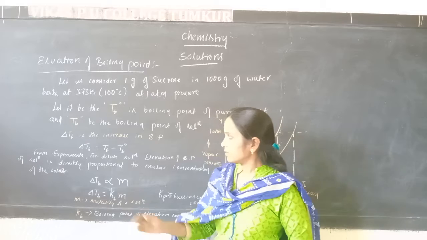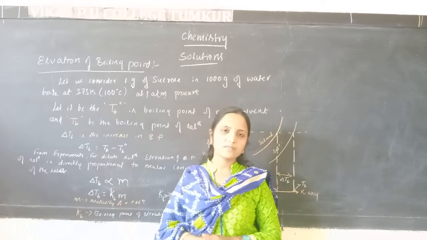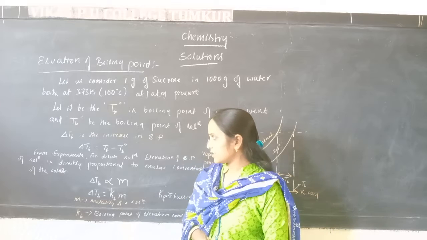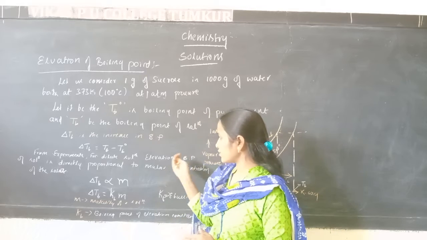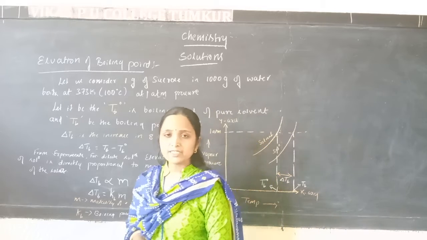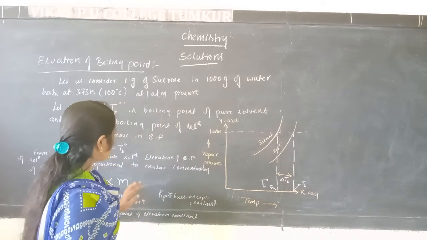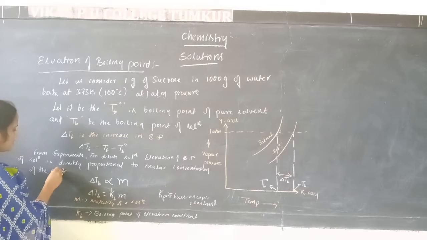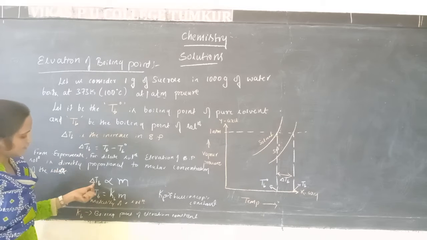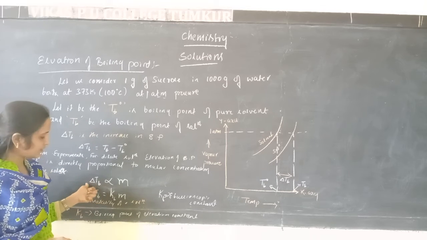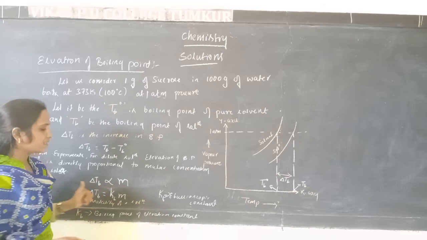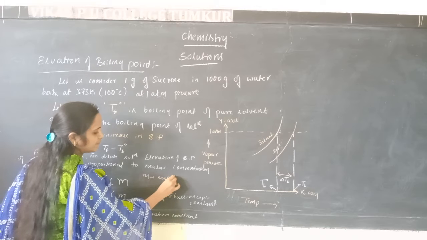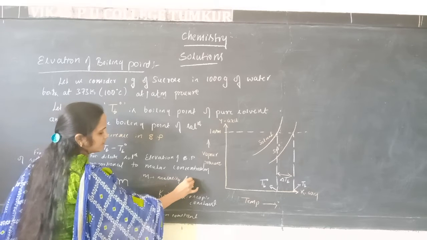From the experiment, for dilute solutions, the elevation of boiling point of a solution is directly proportional to the molar concentration of the solution. That is, delta TB is directly proportional to m, where m is the molarity of the solution.